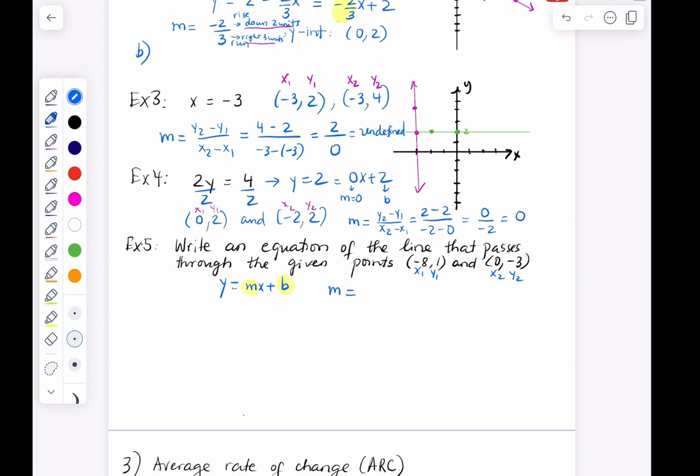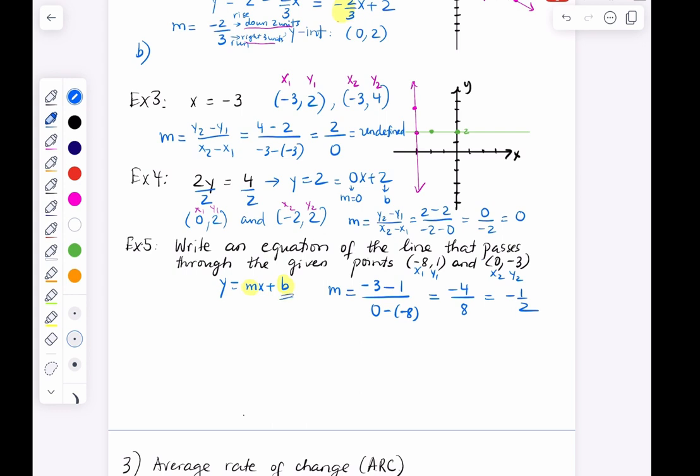Name the points. y2 is -3, y1 is 1. x2 is 0, minus x1 is -8. So the numerator should be -4, and the denominator should be +8, and that will reduce to -1/2. So we found m.